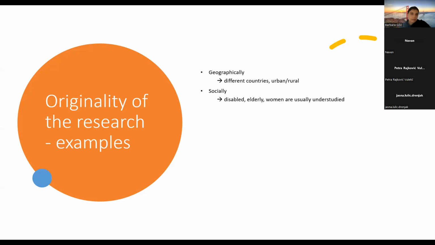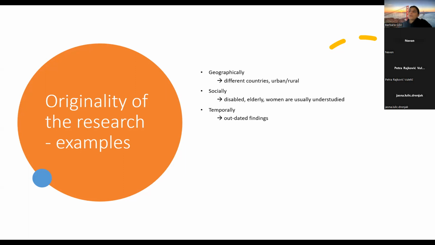For example, disabled persons are very difficult to test on any physical capacities, so it's completely different from normal people. However, just to go back, it's very important to measure, as this is something new, something original that no one has done before, and it is at the same time important to do.